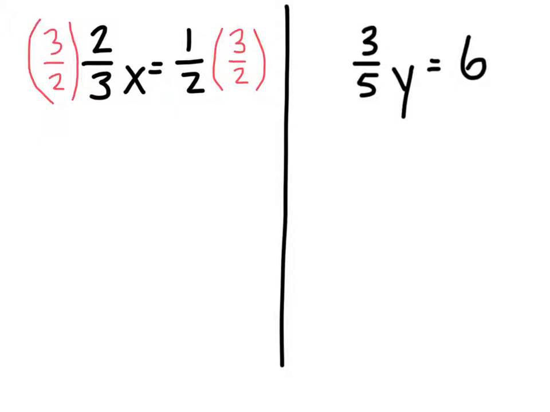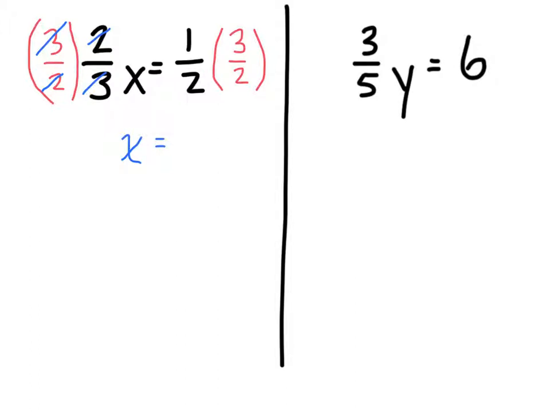So 6 divided by 6 is always equal to 1. We have a 3 and a 3, these cancel out. The 2 and the 2, they cancel out. So all that we are left with on the left side of the equation is the x. That is how we cancel out this 2/3.